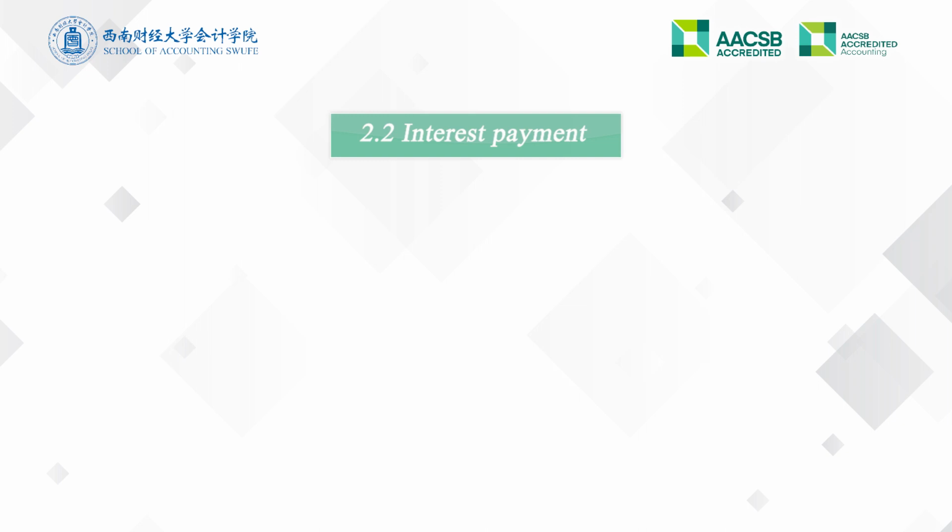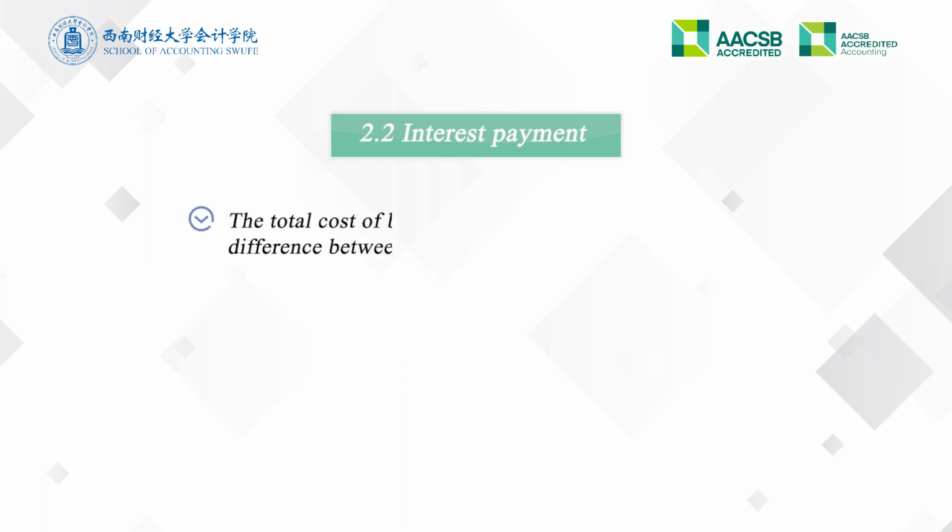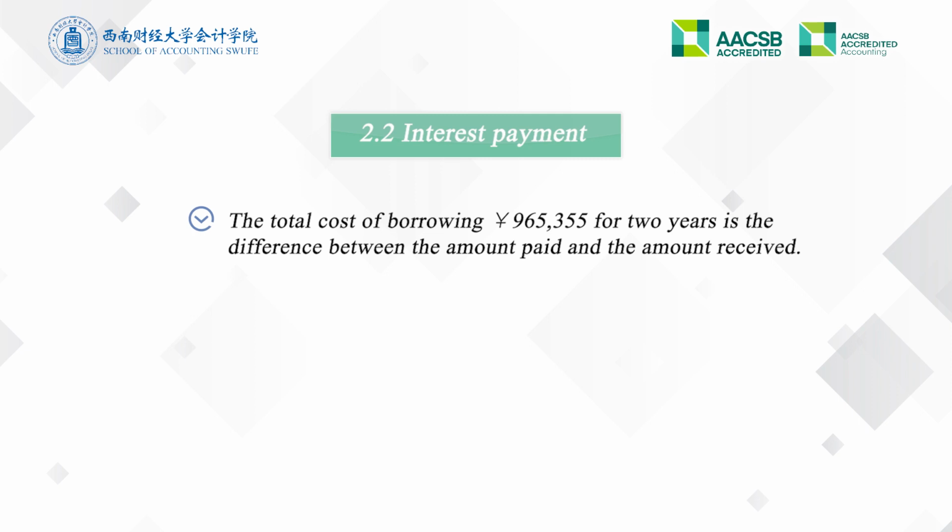Interest payment. The company receives 965,355 yuan for its bonds. In return, it must pay bondholders interest semi-annually and principal after 2 years. The total cost of borrowing 965,355 yuan for 2 years is the difference between the amount paid and the amount received.